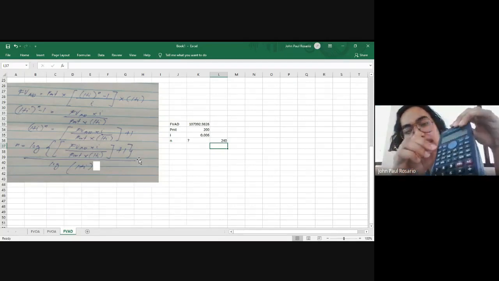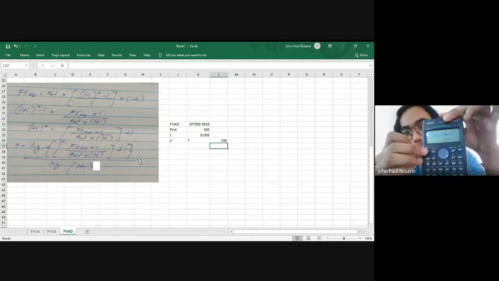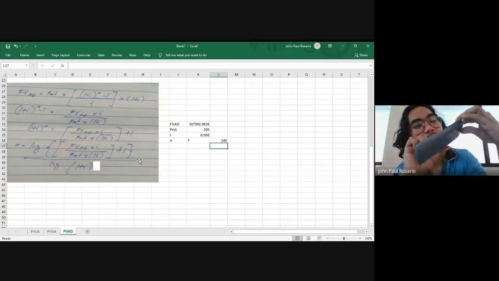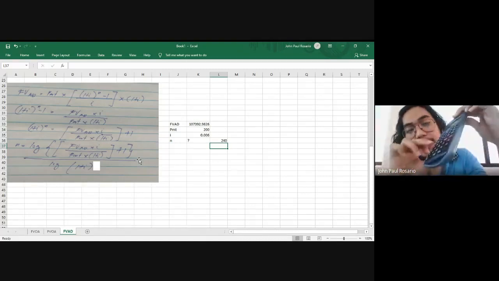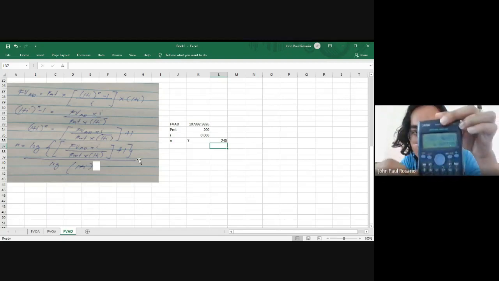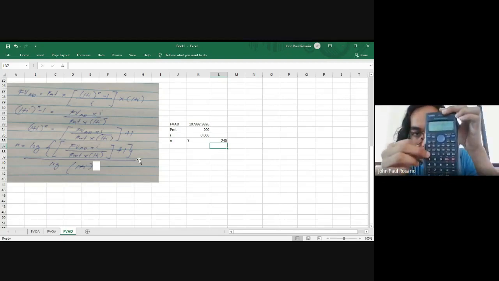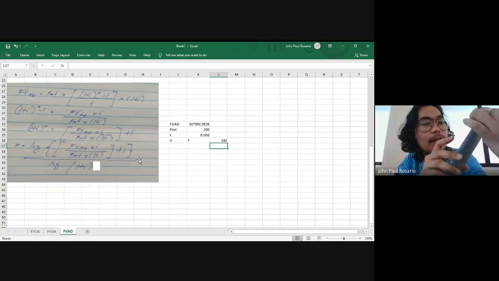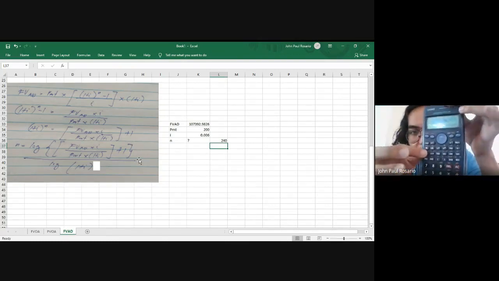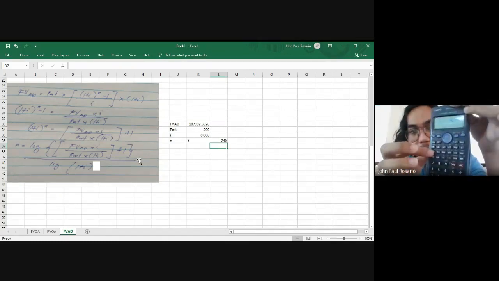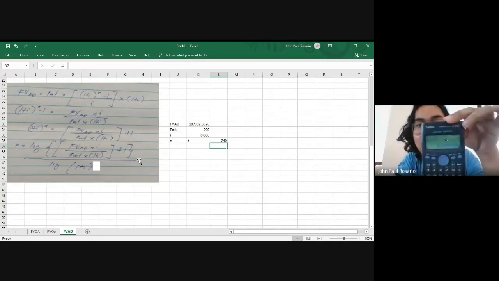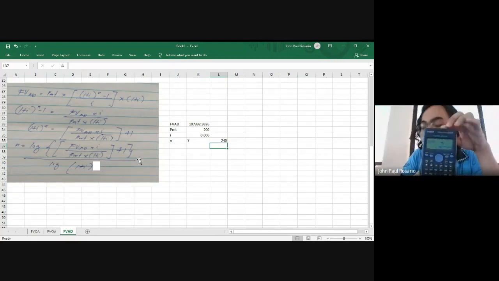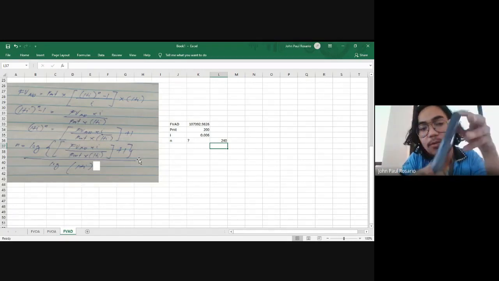Press shift, then RCL, then A, which stores the value.